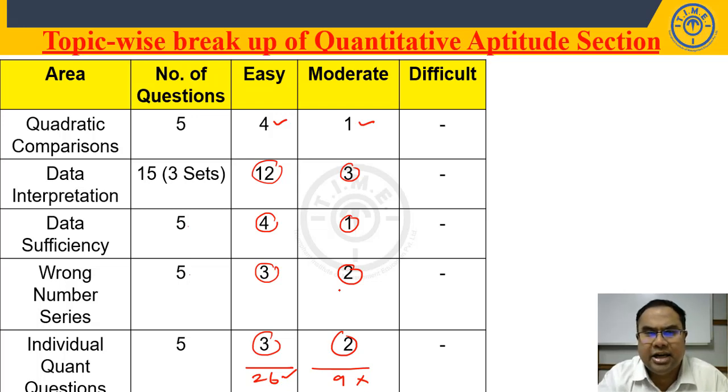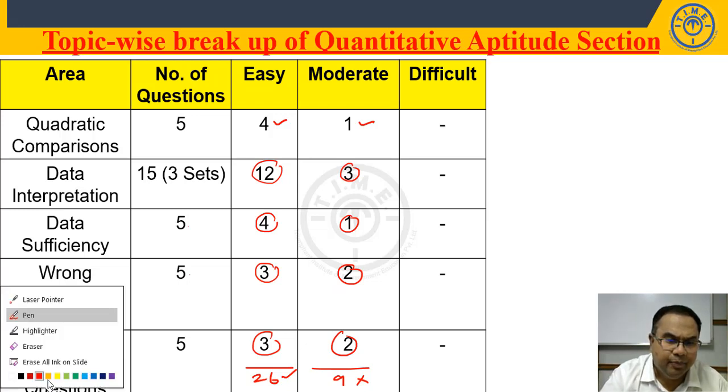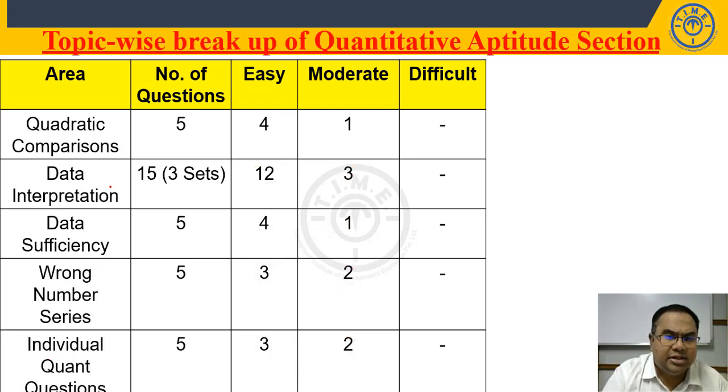So let's start discussing. And one more point, let us look at the order. I have not given the order for you. As discussed earlier, we will start with number series. Then we will do quadratic comparison. Then data sufficiency. Then we will do individual questions. Then finally you have to do your data interpretation. This is the order.